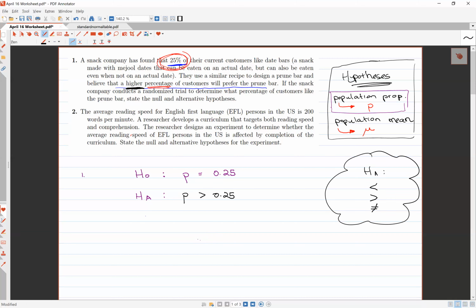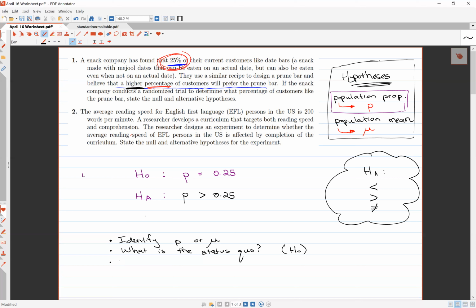So in formulating the null and the alternative hypothesis, you have to identify whether it's a proportion or a mean that you're working with. You have to find what the status quo is, because that gives you your null hypothesis.